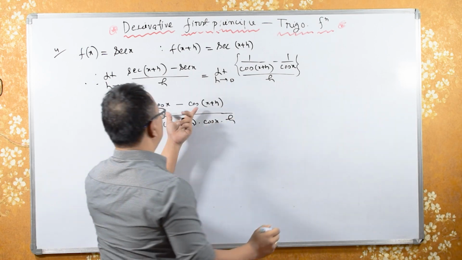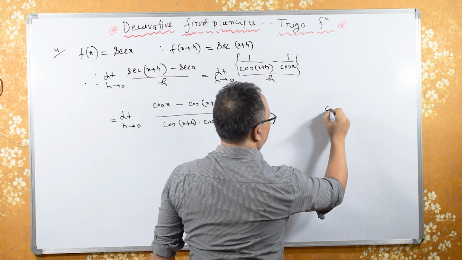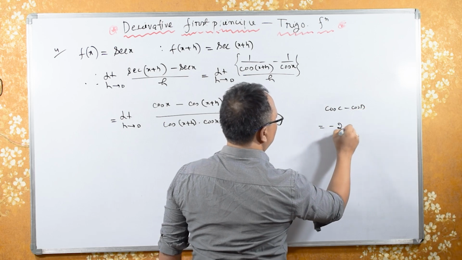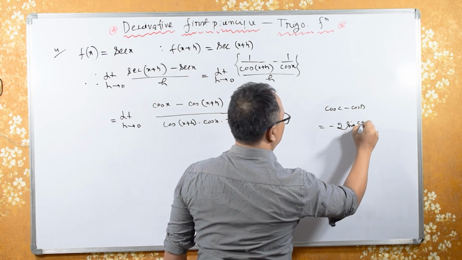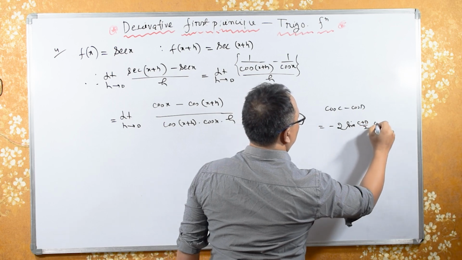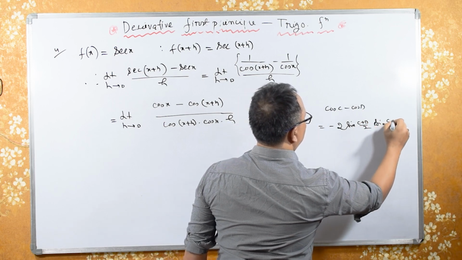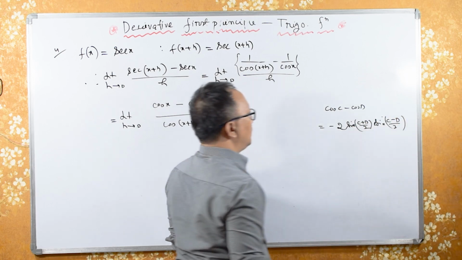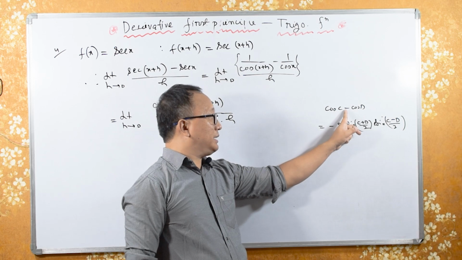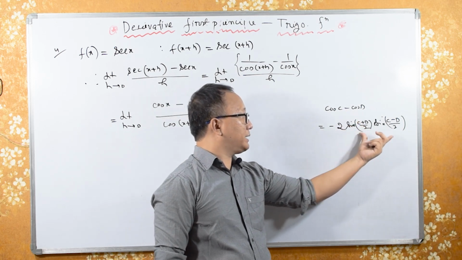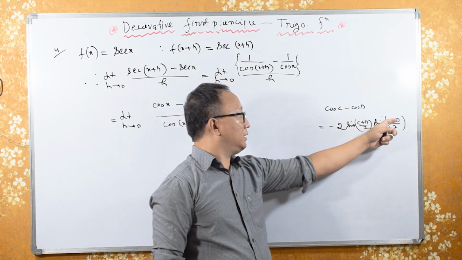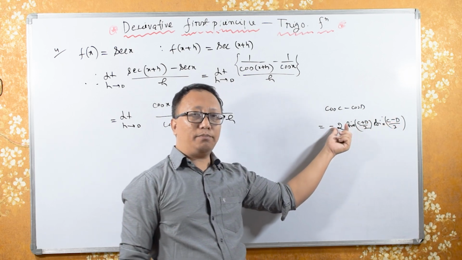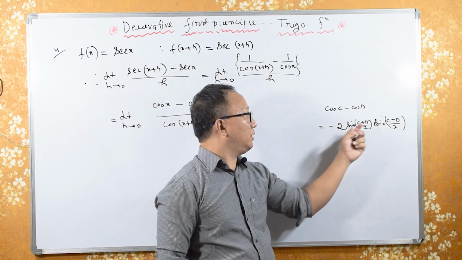We have cos c minus cos d equals minus 2 sine of c plus d upon 2 into sine of c minus d upon 2. Remember, minus is there, so you have to write sine. This is the same as d minus c. If you want to remove the minus, then it will be d minus c, or you can keep it like this.